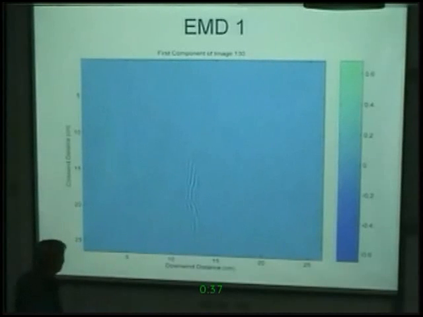We cut this, and after we cut it, we analyze each section and collect all the first components. Then we put all the first components together. This is the final image.